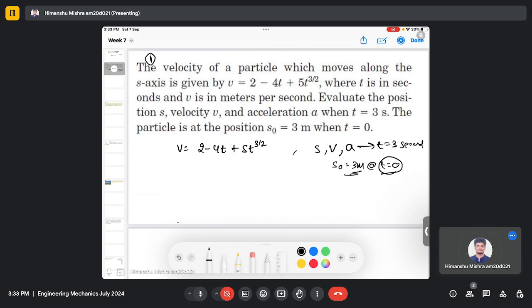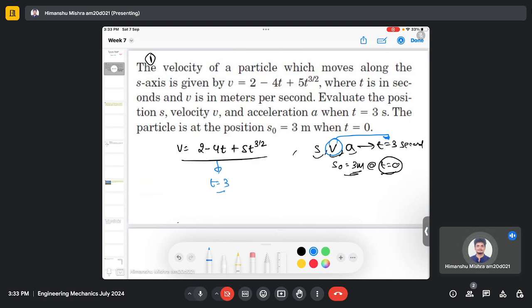Okay. So we have been given the expression for velocity and we need to find the position, velocity and acceleration, which means that we can directly find the velocity. We just need to substitute the time, which is 3 seconds.